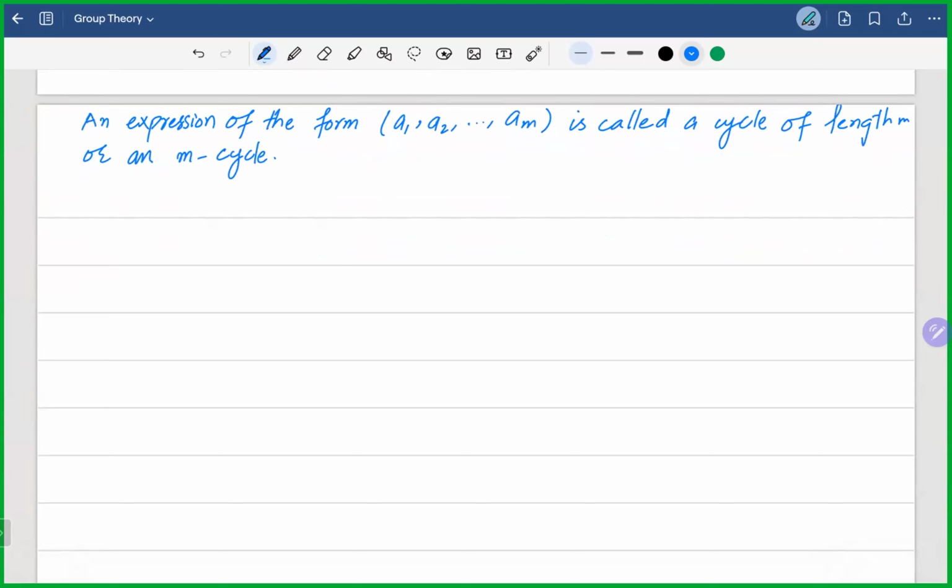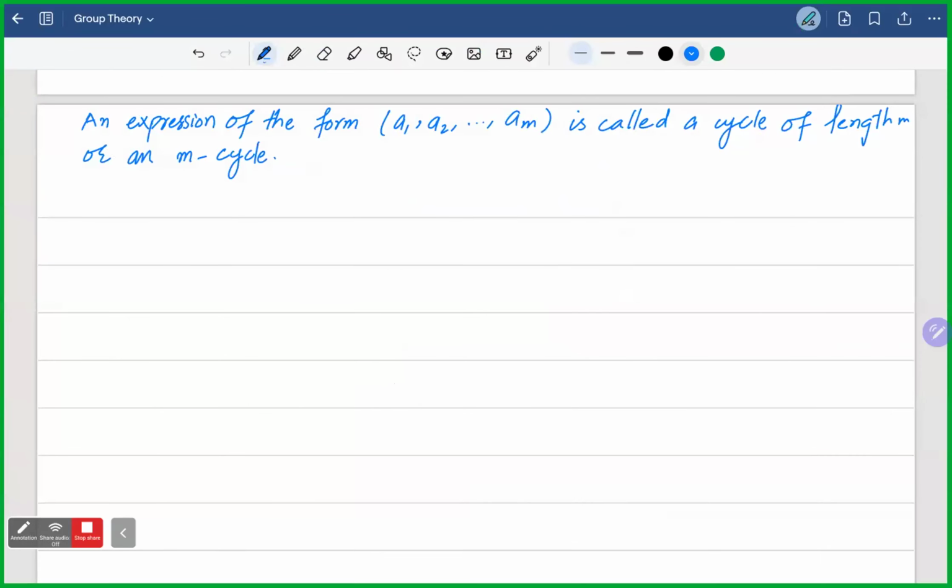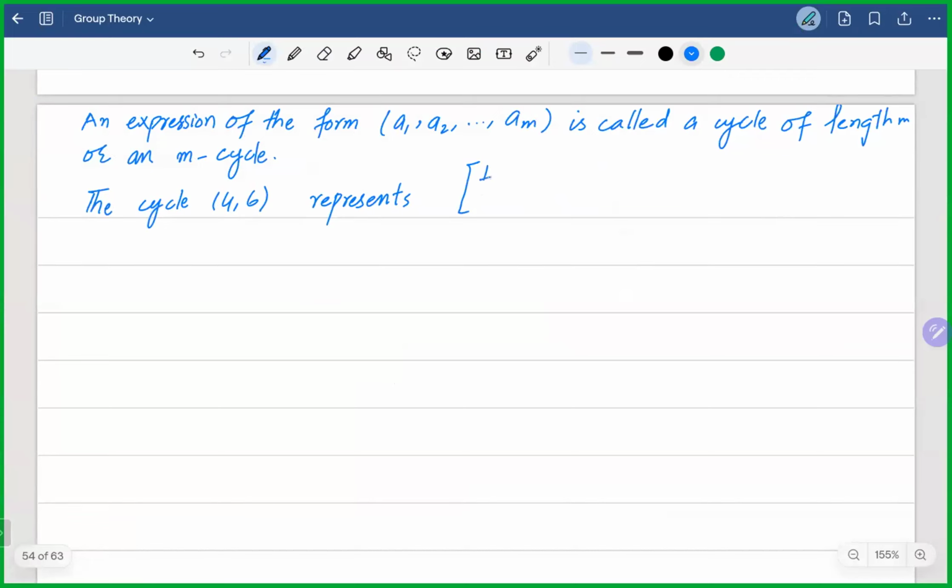So thus, let's say the cycle (4 6) represents a permutation where, if 1, 2, 3, and 5 are not appearing, that means they are sent back to themselves.